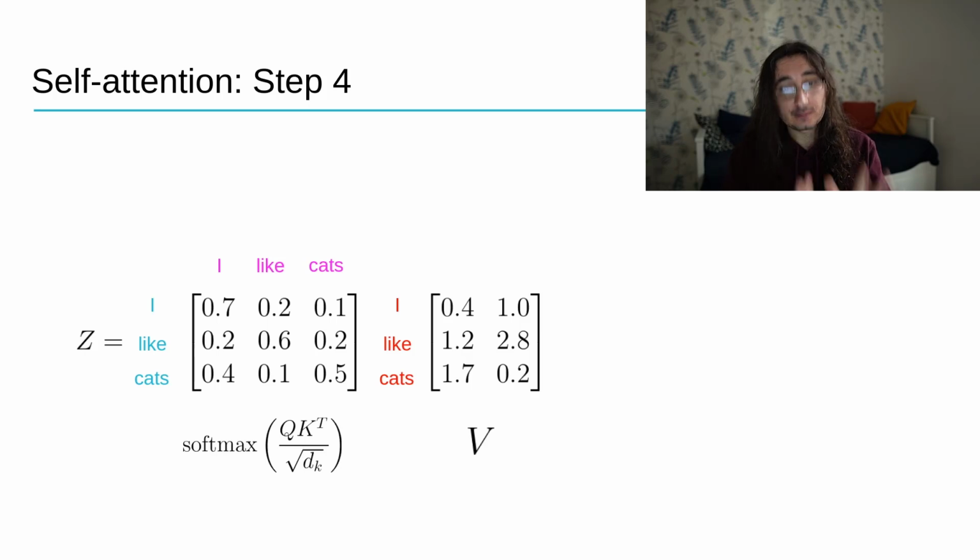Let me show you this step by step. So here we have the attention score, so the softmax of this matrix here. We multiply that by the value score here.